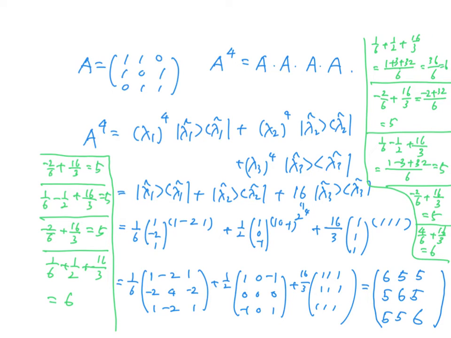So can I move on? Next topic. A matrix is called unitary if its dagger is the same as its inverse.